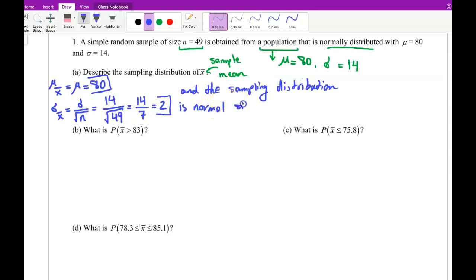And that is because the population is normal.